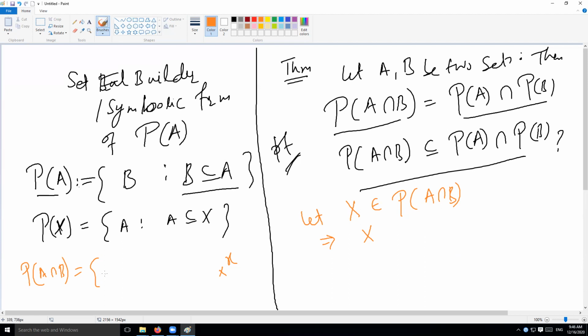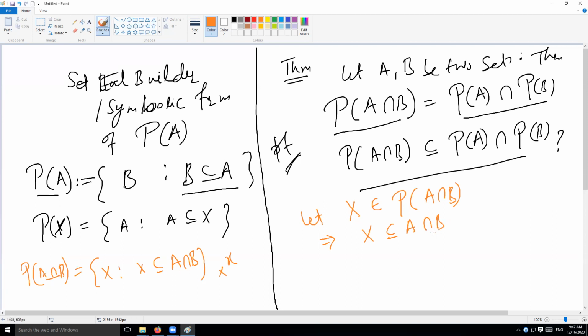So the power set of A intersection B contains the sets X which are the subsets of the set whose power set you are taking. So if X is in the power set of A intersection B, this means that X is a subset of A intersection B.